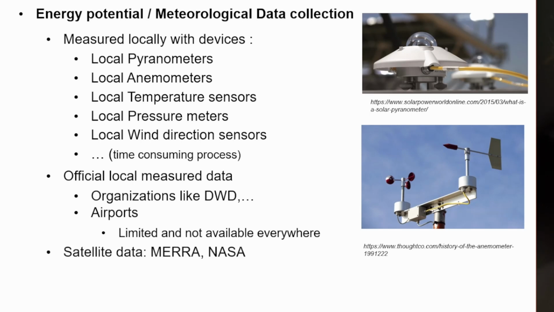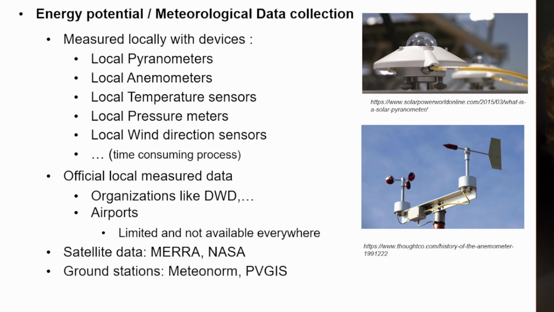As I mentioned, just the use of satellite data, for example MERRA, or data from NASA, is a preferable option. I did this quite a long time ago and compared it in Berlin at my time. During that time, the differences between satellite data and local measured data have been quite severe. Nowadays, this is improved.